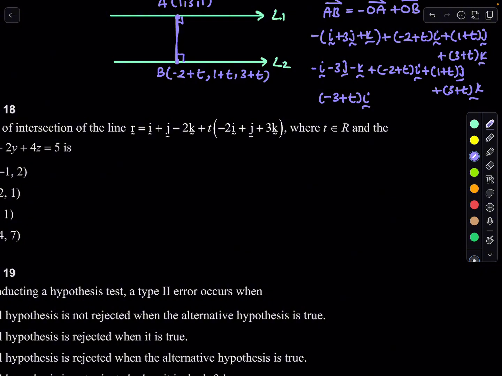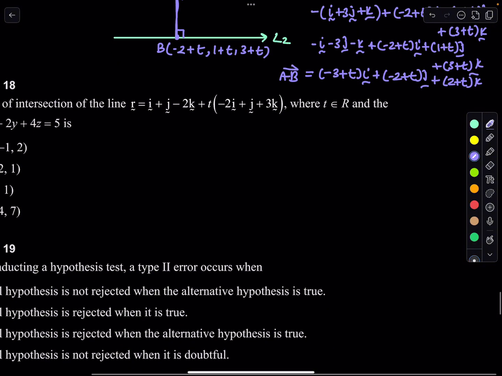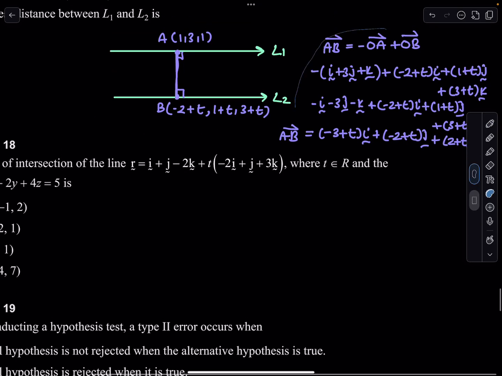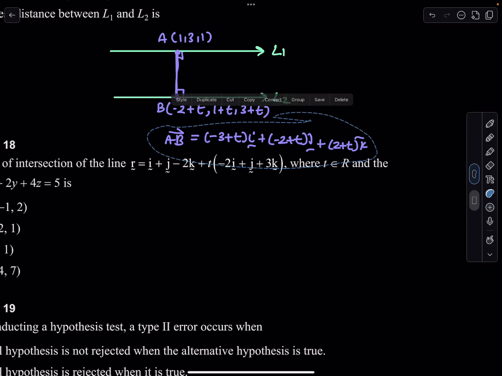If you add up the j, it's -2 plus t, and the k is basically 3 minus 1, so 2 plus t. I should have made it much easier for myself. So that's my vector AB. I'm hoping that my algebra is not wrong, and if it is, I could have just done it with a calculator. But it should be something like this.